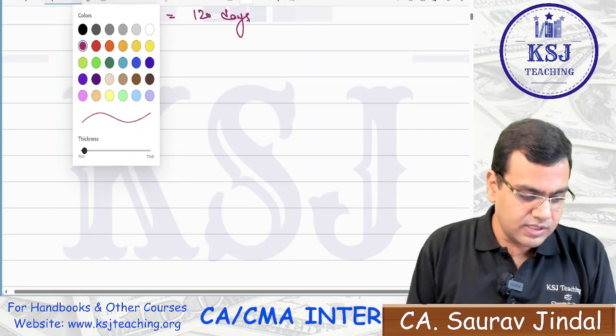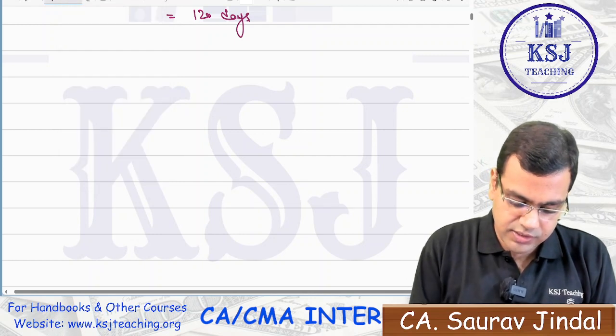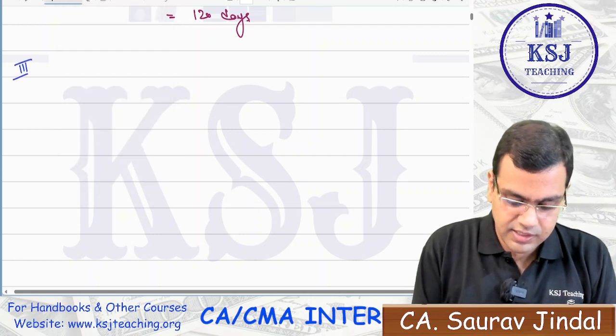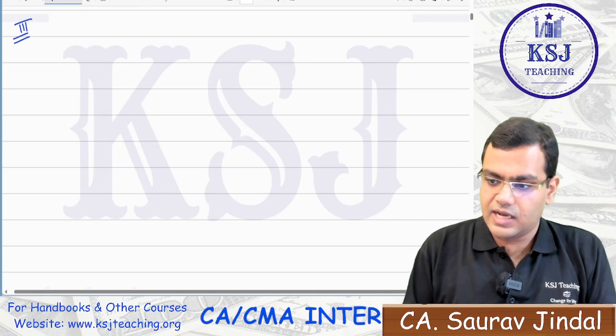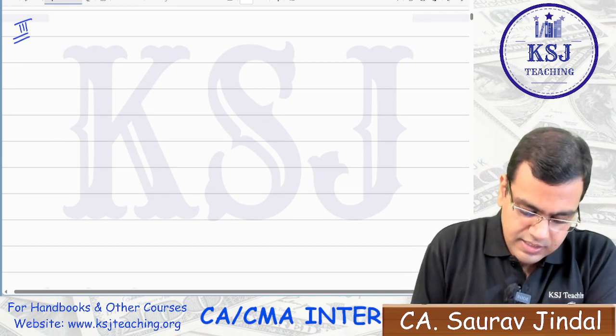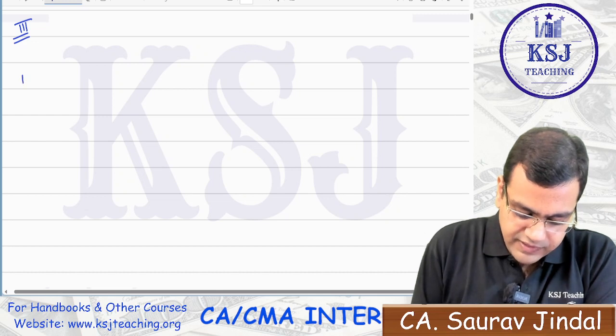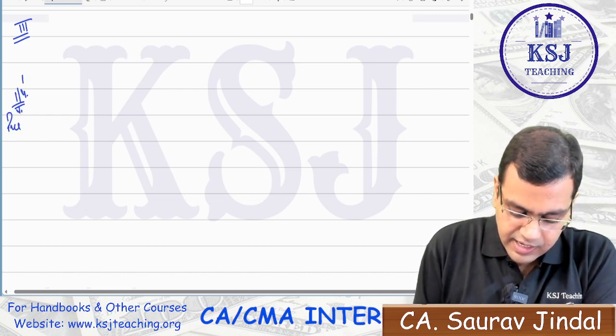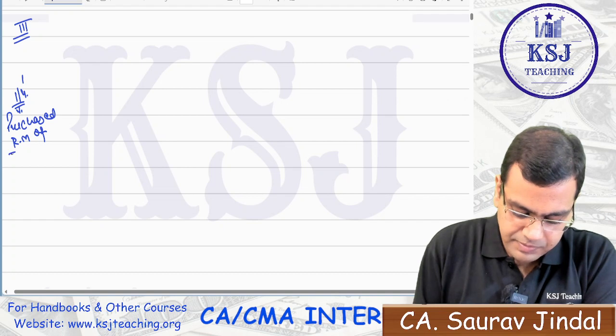let's come to the third and the last scenario, sir. Finally, last scenario. What is the last scenario? The last scenario says, on 1st of April, purchase of RM, purchased raw material of rupees 5 lakh on credit.